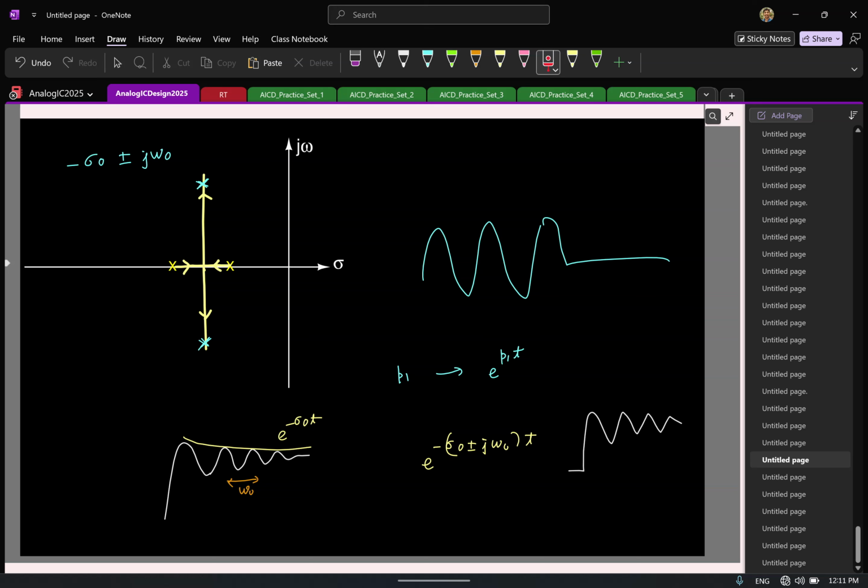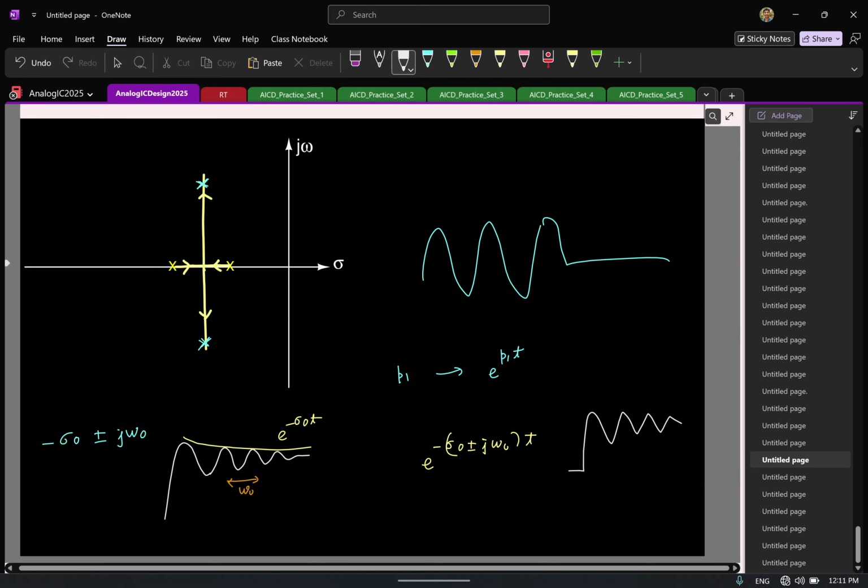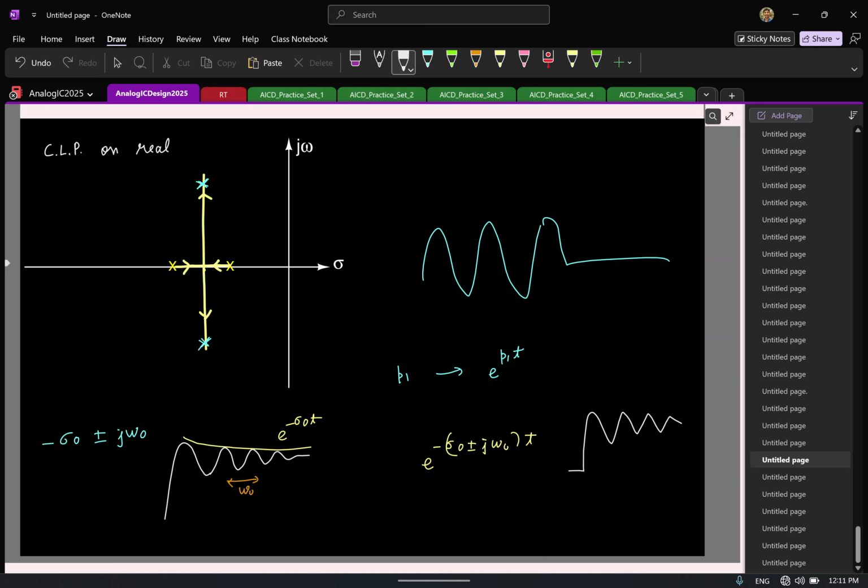On the real axis. You don't want them on the complex plane. So that is one remark we'll make, let me write it here. Closed loop poles, you want on the real axis to avoid ringing. Right?